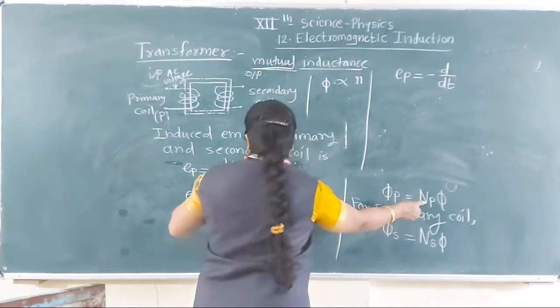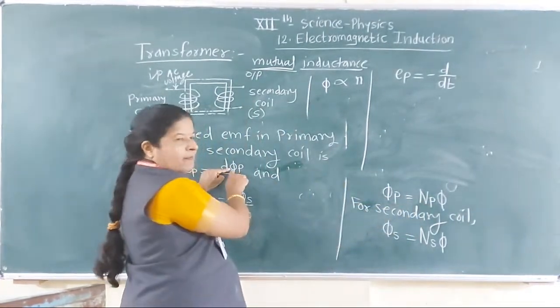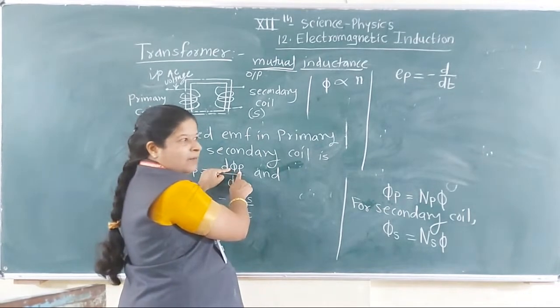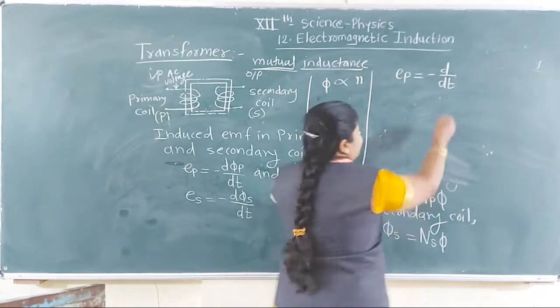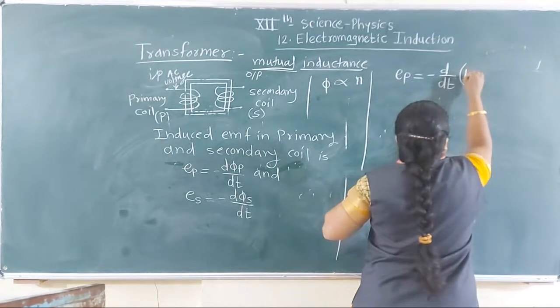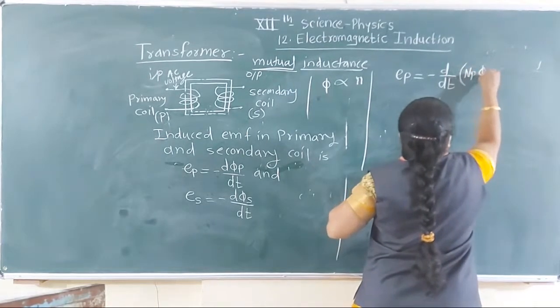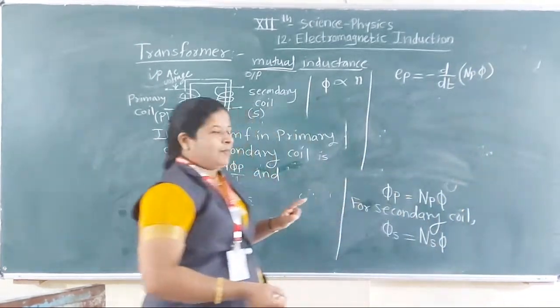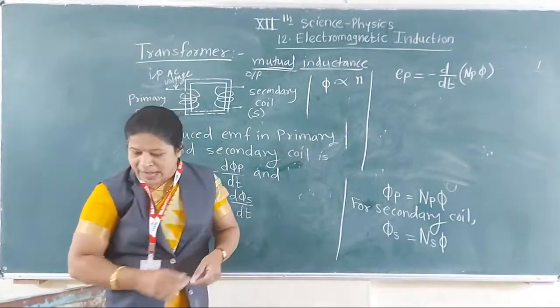Substitute this value of phi p, the magnetic flux linked with the primary coil. So we substitute here NP into phi.